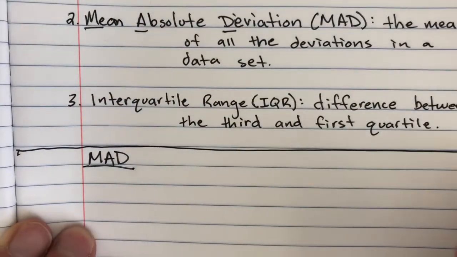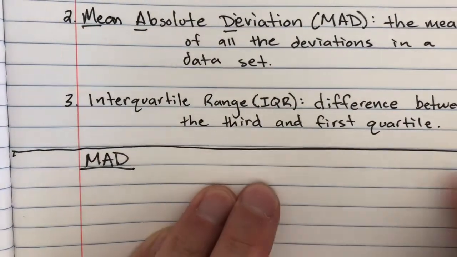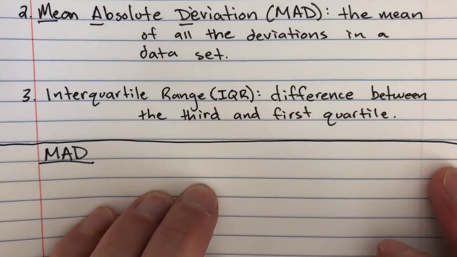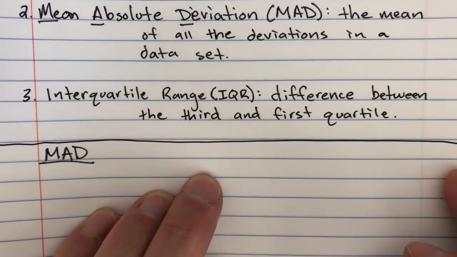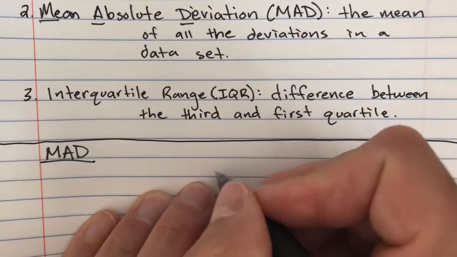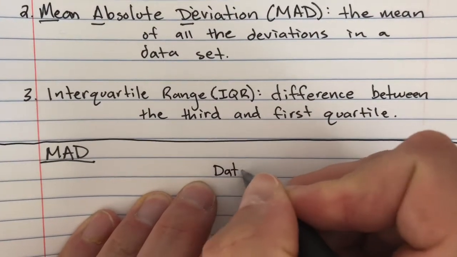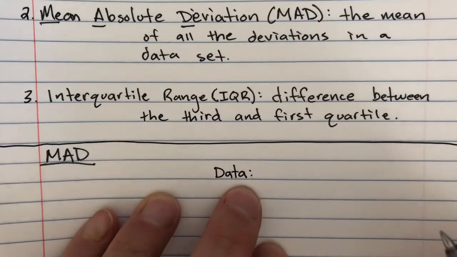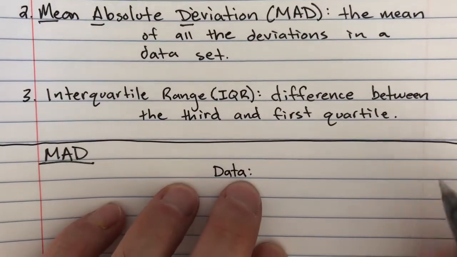I'm going to give us a data set over here and give myself plenty of room to write that data set. It's 8 numbers long, but they're double-digit numbers. It doesn't really matter what this data set represents, but it is grades, so I will put that.